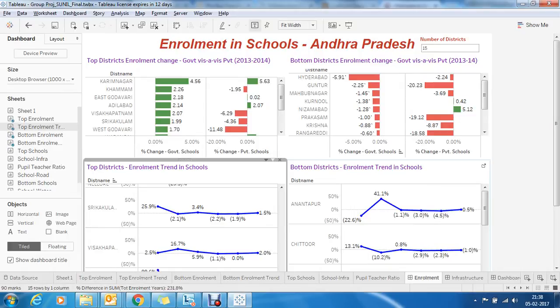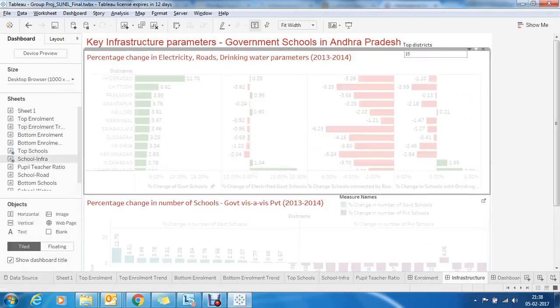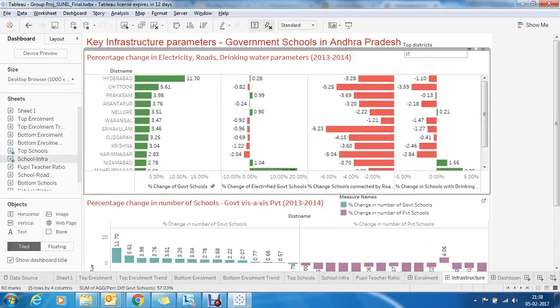Moving on to the next dashboard. Here we plotted the other factor, that is infrastructure. Again, post the Right to Education Act and implementation of Sarva Shiksha Abhiyan in the Indian education system, there has been a lot of focus on providing good amenities and improving infrastructure in schools.